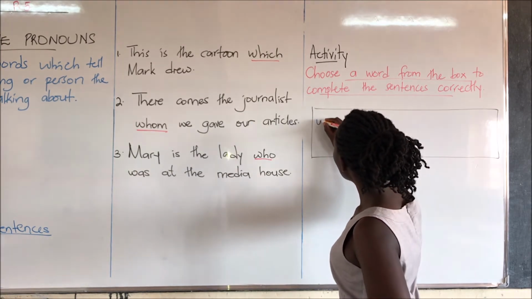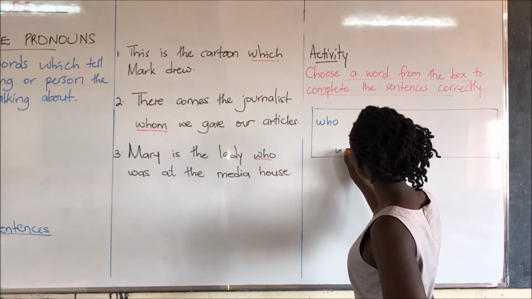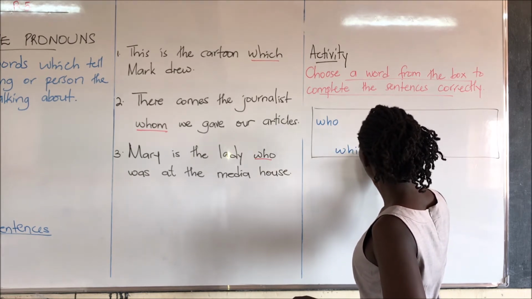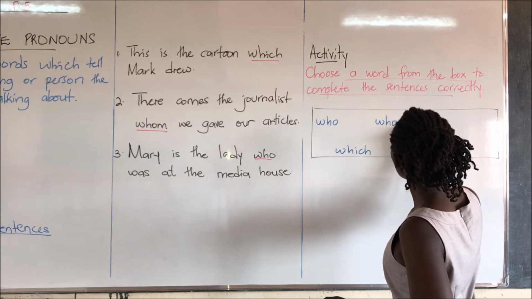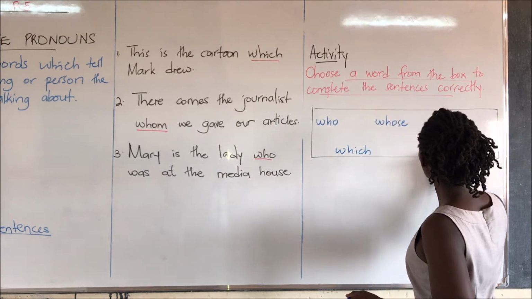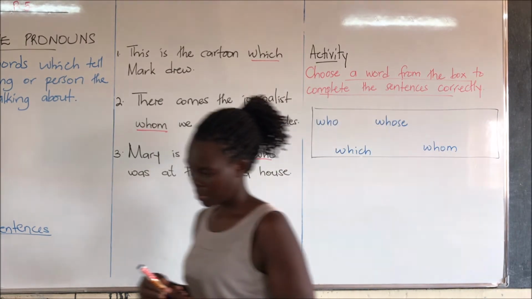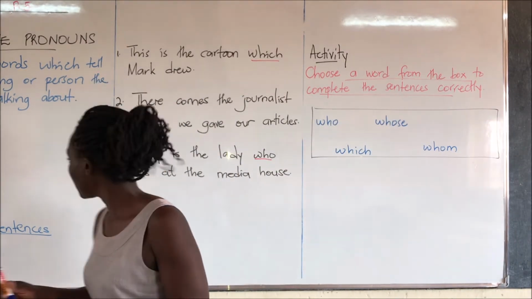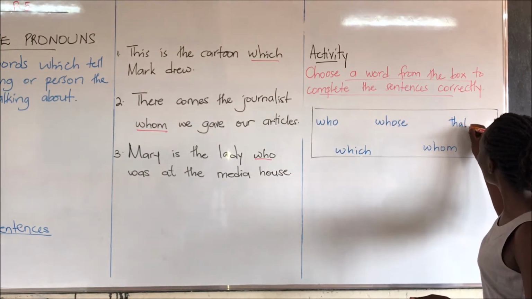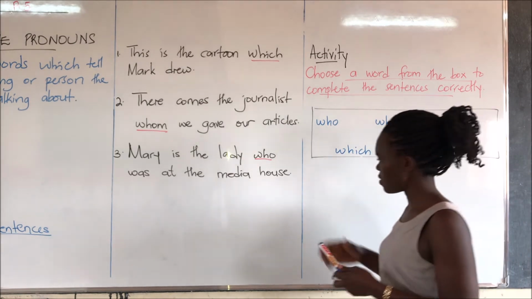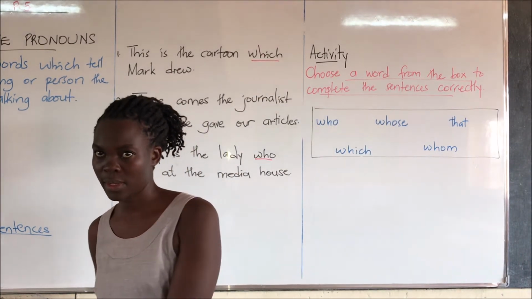The first one I have in the box is who, then I have which, I have whose, then I have whom. Let me add that. I have that here. So all those are relative pronouns. You're going to use them in the sentences and complete them sensibly.